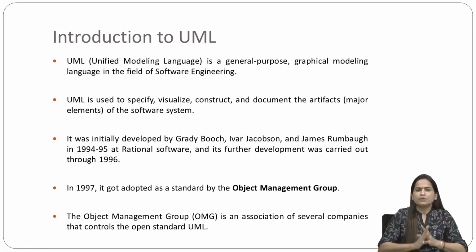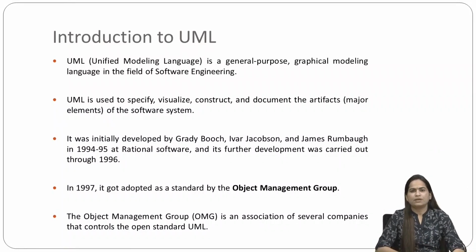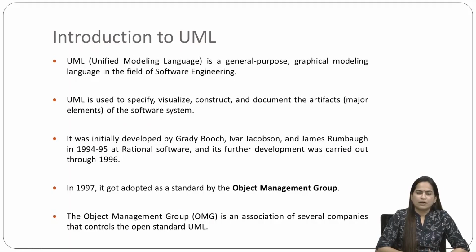When we are talking about UML, it was initially developed by Grady Booch, Ivar Jacobson and James Rumbaugh in 1994 to 1995, and they developed it at Rational Software, and its further development was carried out through 1996.